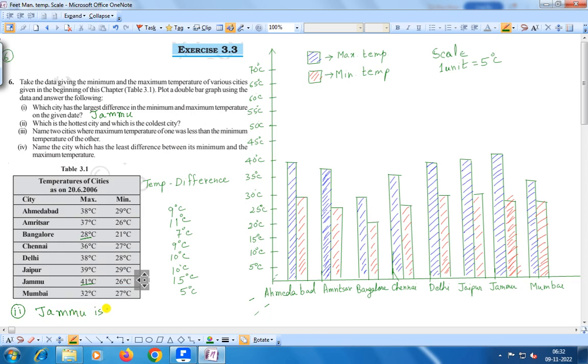Jammu is the hottest city, and Bangalore is the coldest city.